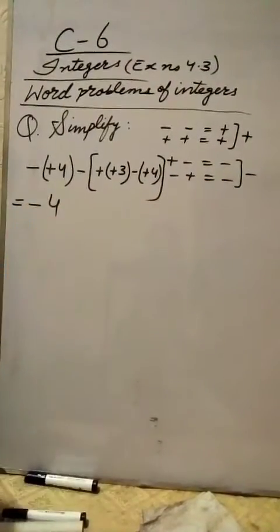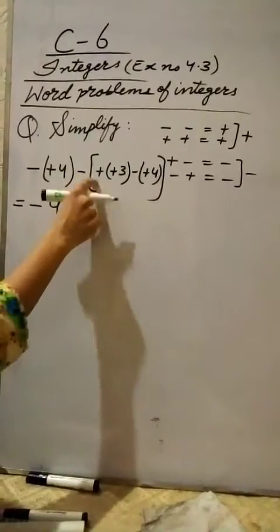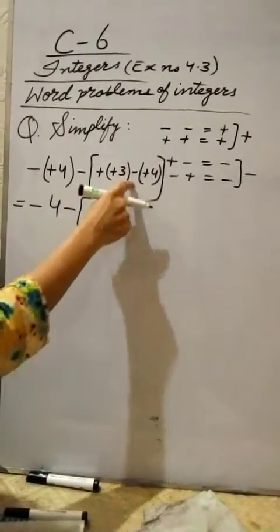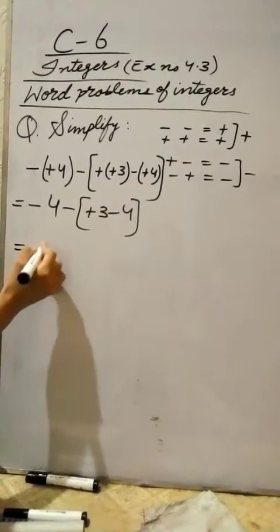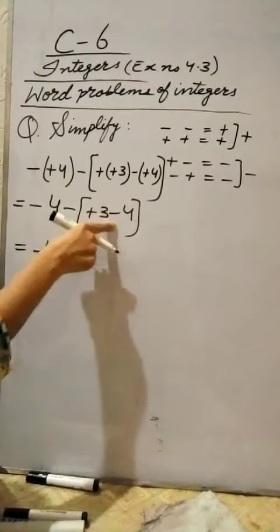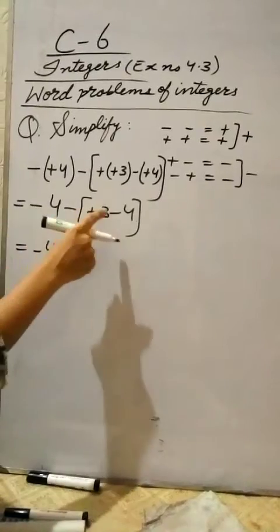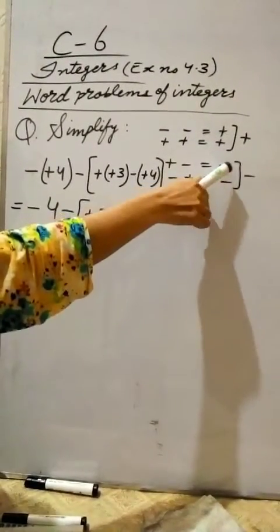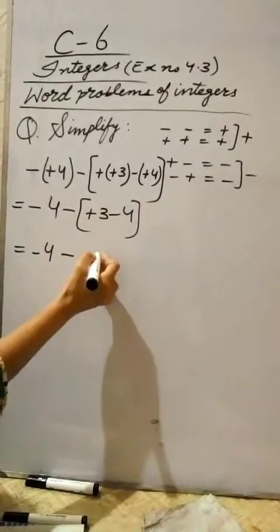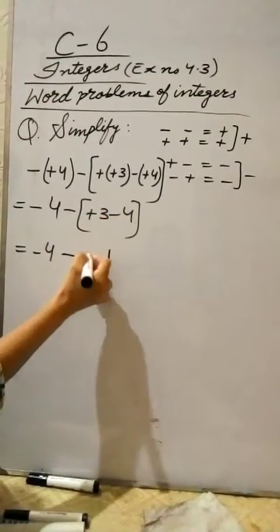Minus. Single answer. Now we got a single answer, minus 4 minus. Solve the bracket first, then compare with this. Plus minus minus. Answer is minus. So do the subtraction. 4 minus 3 is 1, but take the sign of the bigger value.